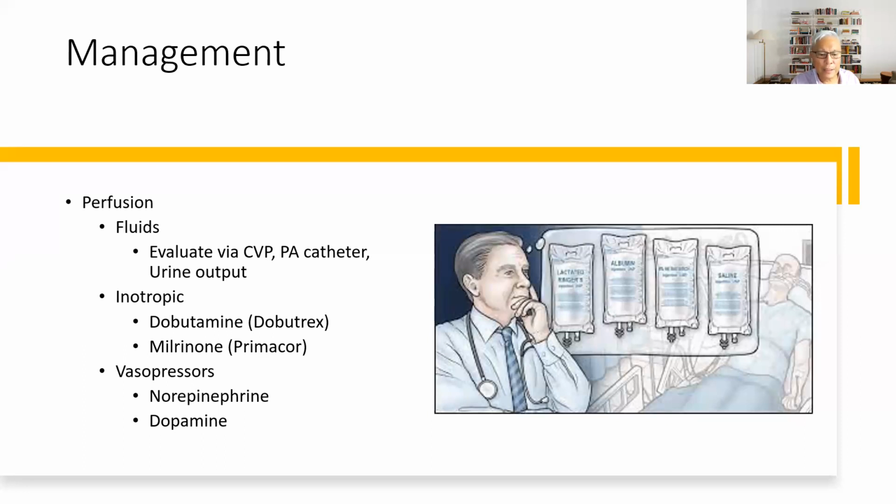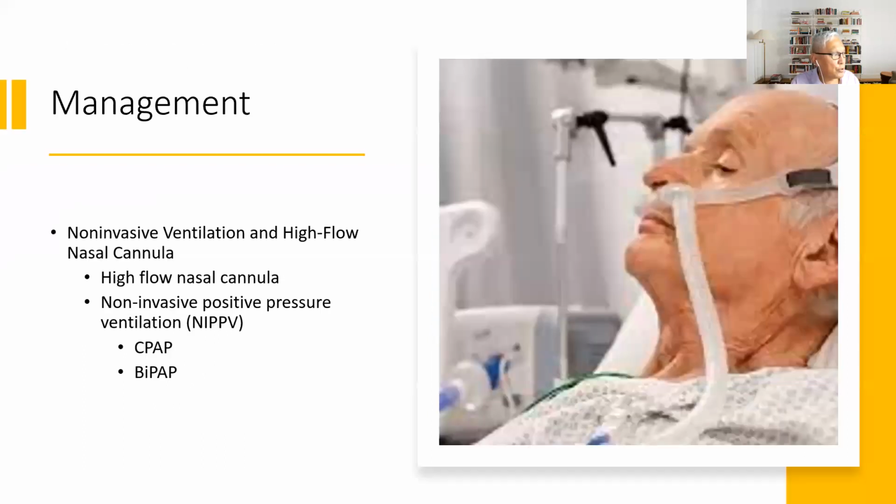All right, the next thing that we're going to do is, of course, ventilation in order to maintain their pulmonary function. Usually patients who have ARDS would have to be ventilated, and therefore we need to insert an endotracheal tube. Before doing that, we could also give non-invasive ventilation like high-flow nasal cannula.